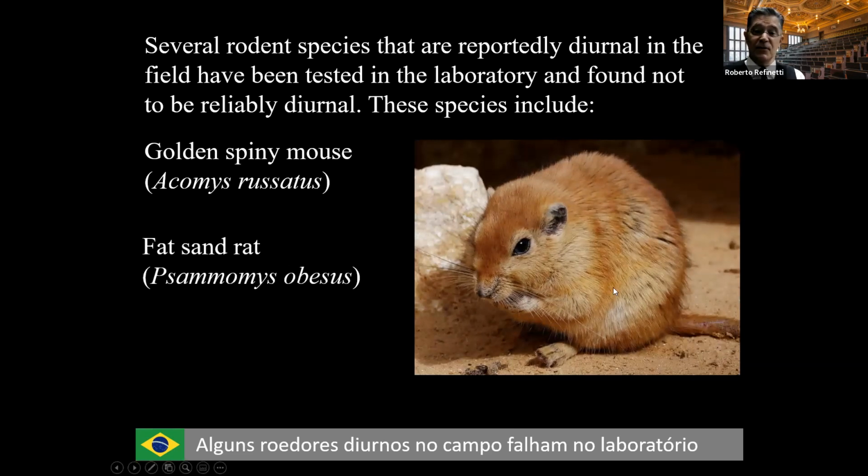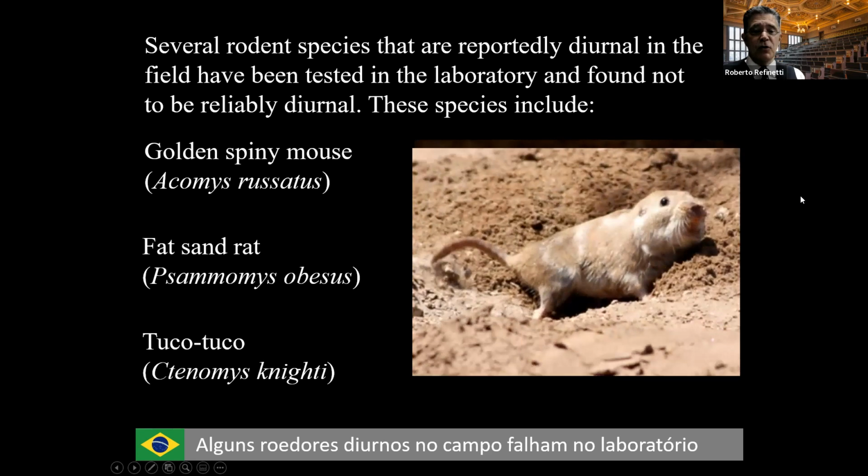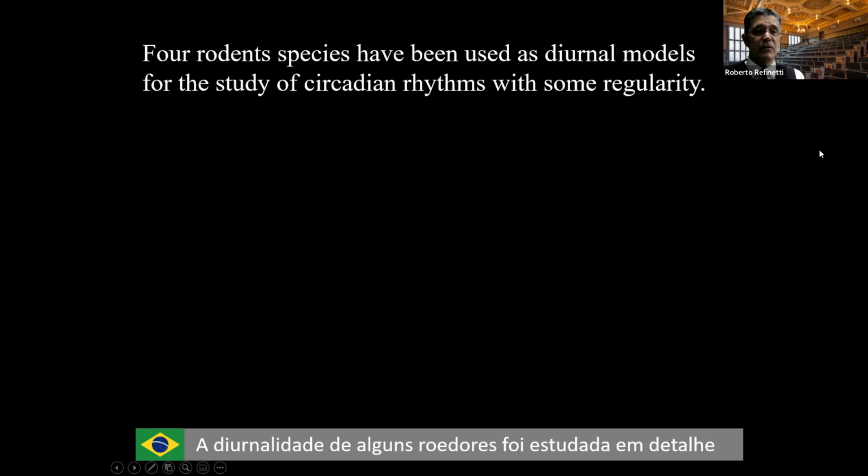In this picture, it does look fat, and it's called fat because it's a little chubby. And the tuco-tuco down in South America, which is diurnal, and you can see this picture taken during the day when it was out of the hole underground. And in the lab, they don't turn out to be too reliably diurnal.